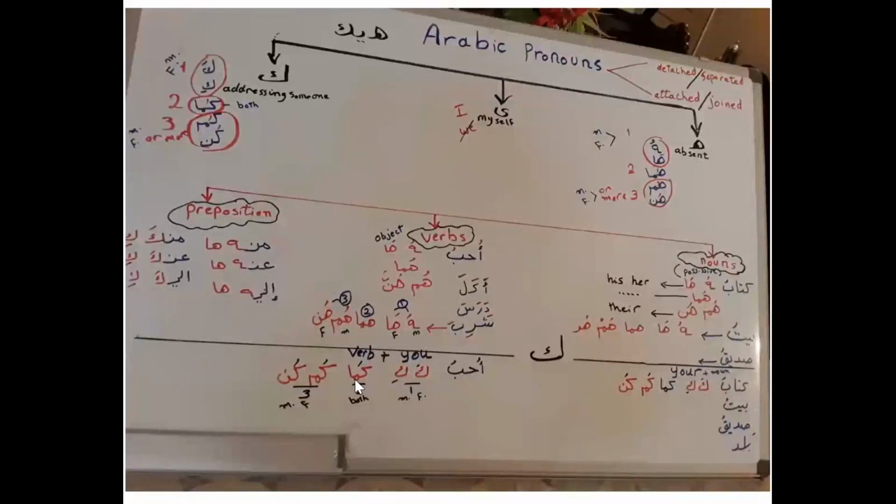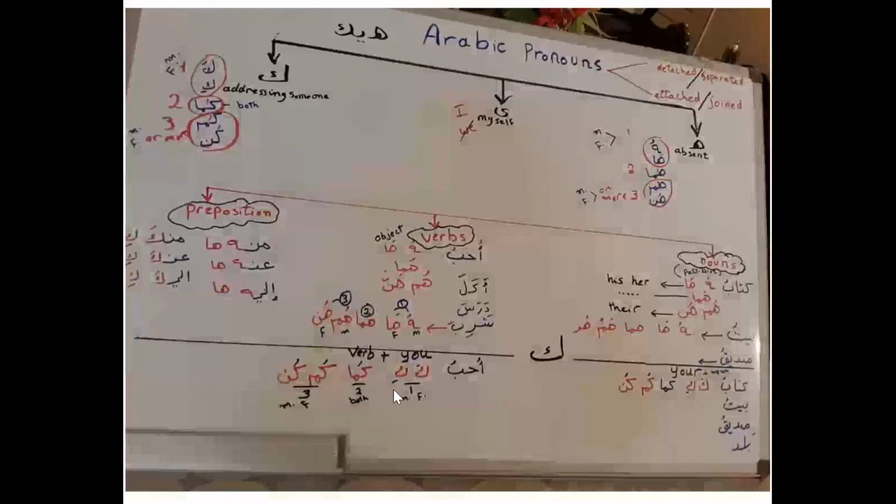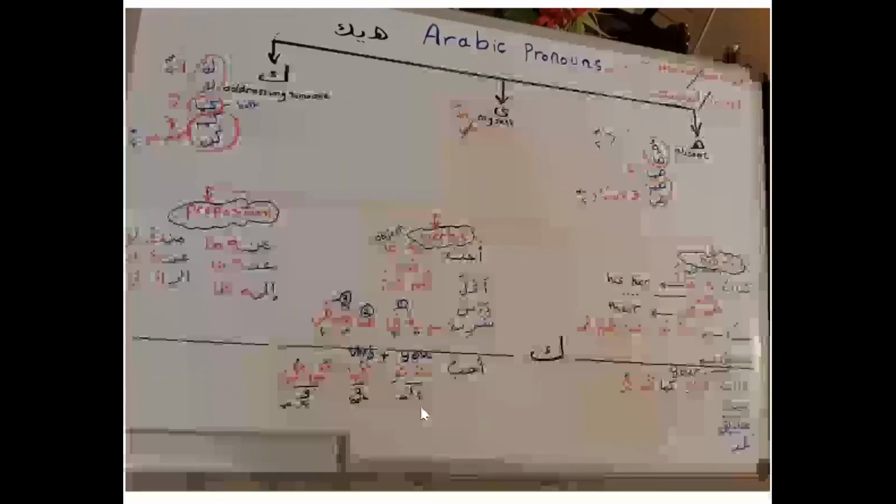We have them for one, two and three, and for male and female. But in English, whoever is in front of you, you say, I love you. So you don't know whether you means female or male, singular or plural. So thank God that we have our Arabic language, alhamdulillah.